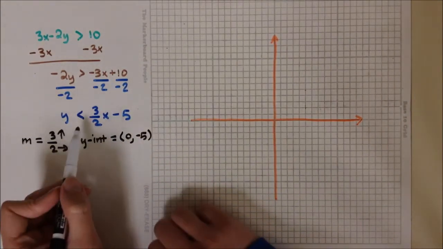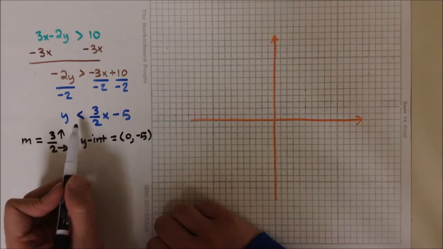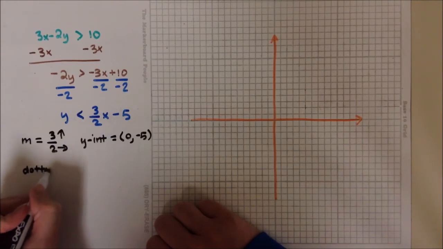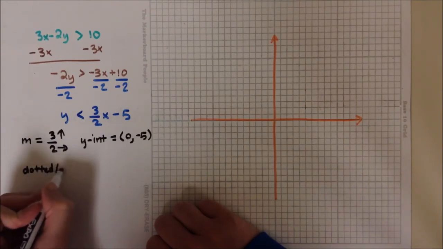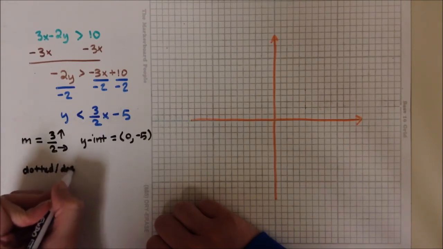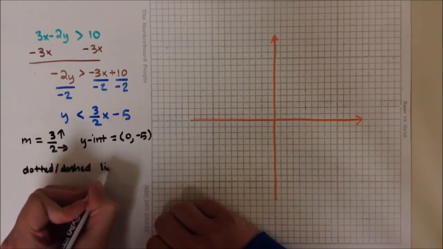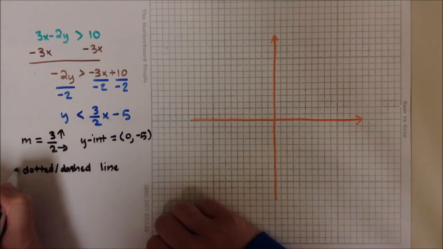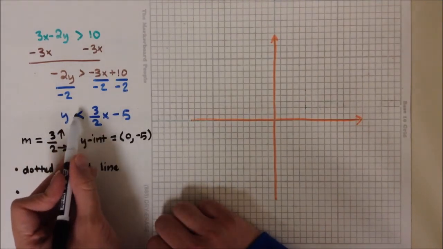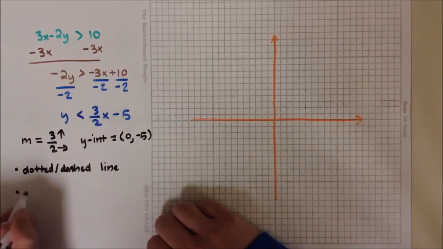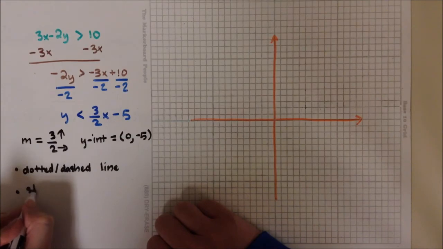Based on the inequality that we have here, this means a dotted or dashed line. And then, since the inequality is a less than, meaning it is facing away from y, you're going to shade below the line.